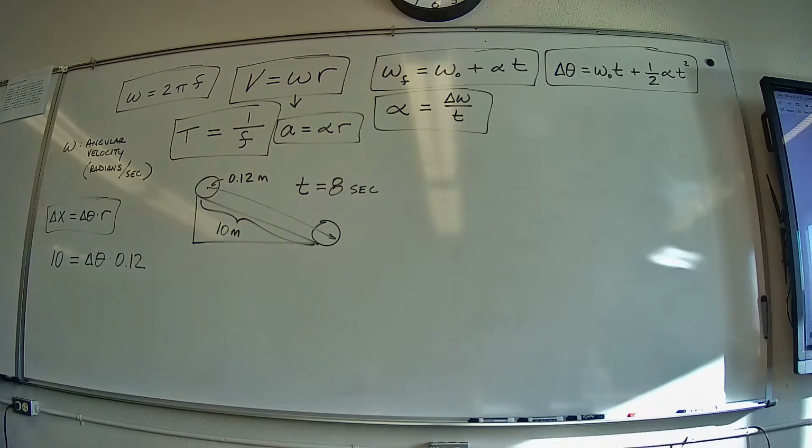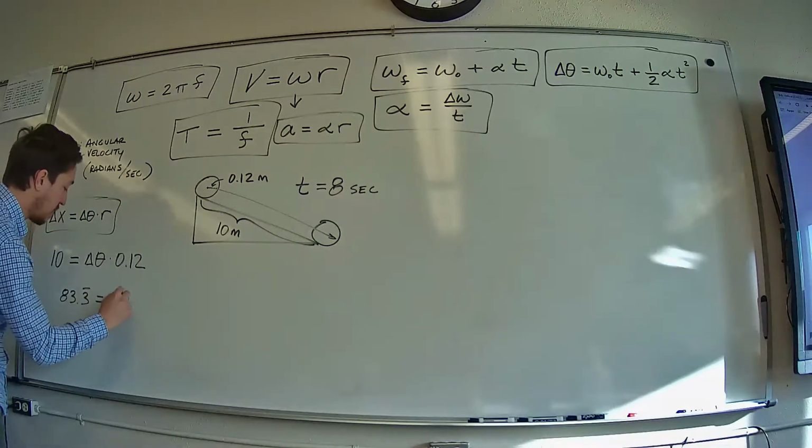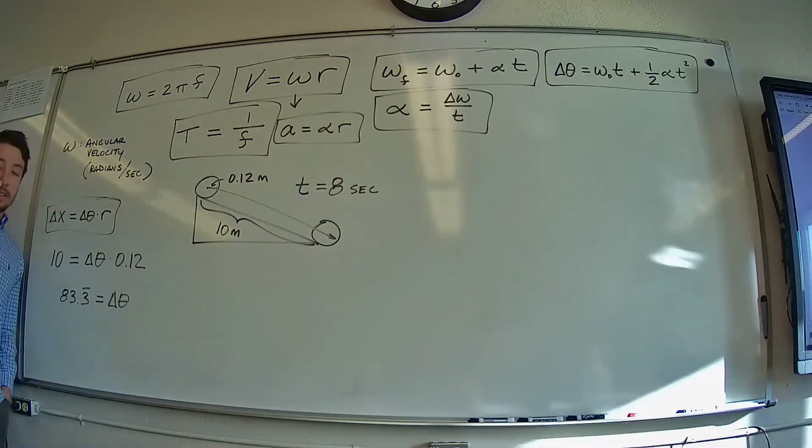You're going to calculator for this one. 10 divided by 0.12. Does that make sense? That's the total number of radians turned.